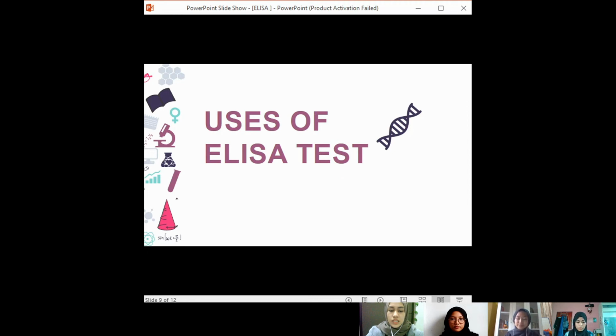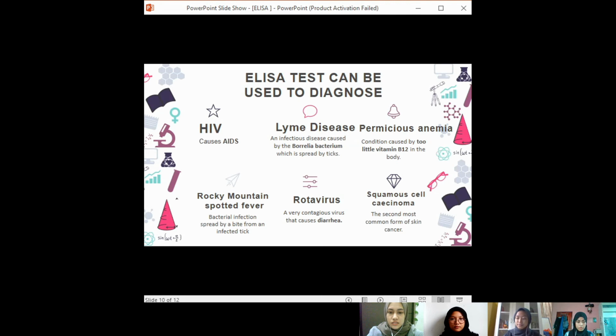Alright, now we will move to the use of the ELISA test. The ELISA test can be used to diagnose several diseases, one of which is HIV. HIV causes AIDS. Next, Lyme disease. It is an infectious disease caused by Borrelia bacteria, spread by a tick bite. Next, pernicious anemia. This is a condition caused by too little vitamin B12 in the body.